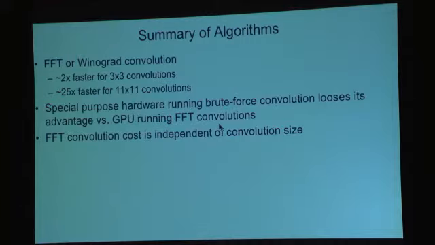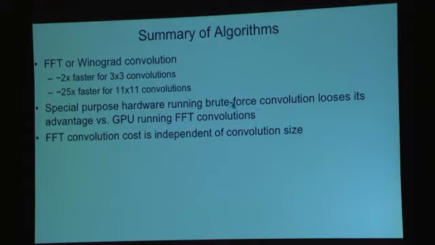So to sum up algorithms, and I wanted to do this before getting into the hardware part, because you'll see how a lot of the conventional hardware, or I should say special purpose hardware, has dealt with this. If you do an FFT or Winograd convolution rather than a regular convolution, you're basically 2 times faster if you're doing 3x3 convolutions, and it just gets better. With FFT, you're about 25 times faster on 11x11s, which are, for example, part of the first stage of AlexNet.